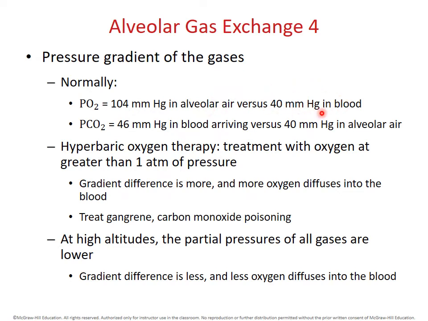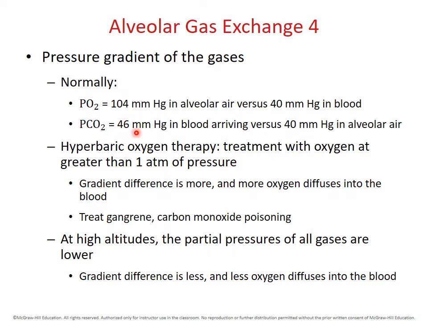But in the blood, the partial pressure of oxygen is only about 40, because remember, this is deoxygenated blood, so we expect it to have a low PO2. So what we see there is a favorable gradient, and oxygen is going to move from 104 to 40. And so what that means is oxygen is going to diffuse from the alveolar air into the blood, which is exactly what we want. We want the blood to load with oxygen.